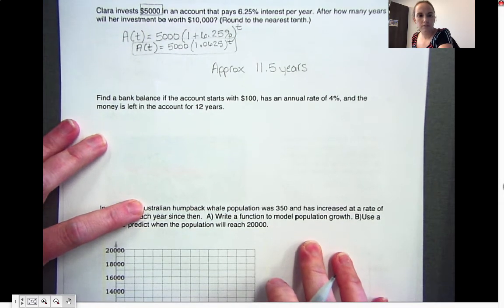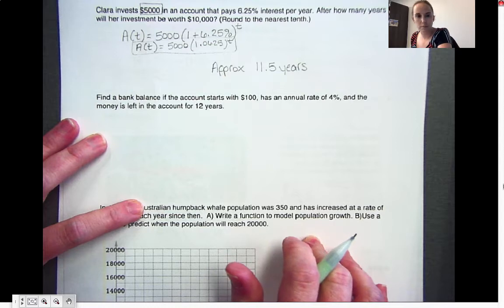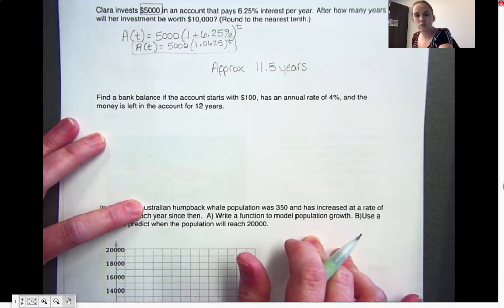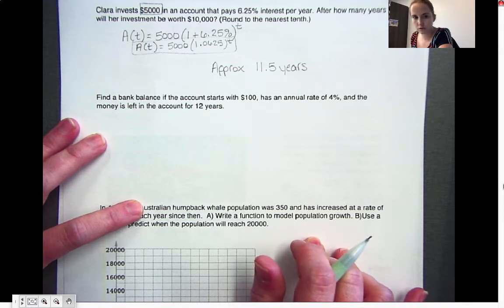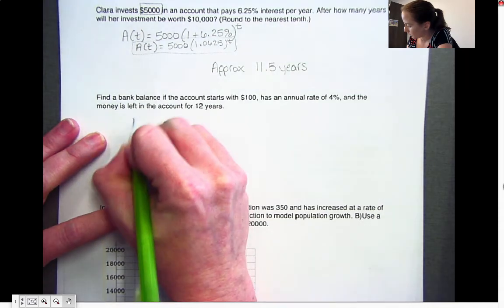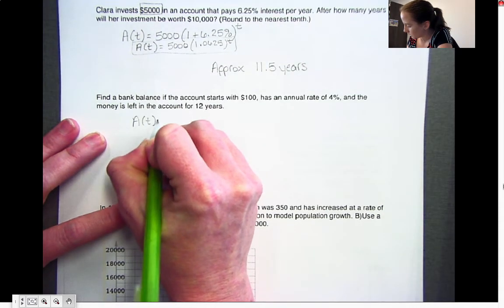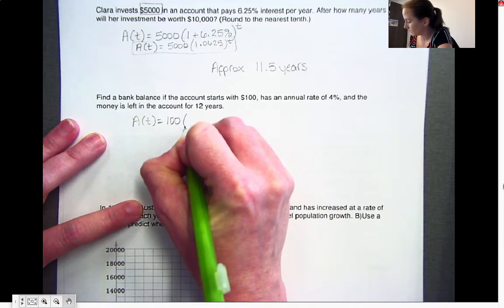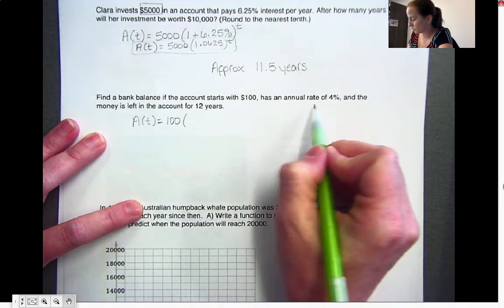Find the bank balance if the account starts with $100 and has an annual rate of 4% and the money is left in the account for 12 years. Okay, so A of t equals the balance. It started with $100. It is increasing. It has an annual rate of 4%.